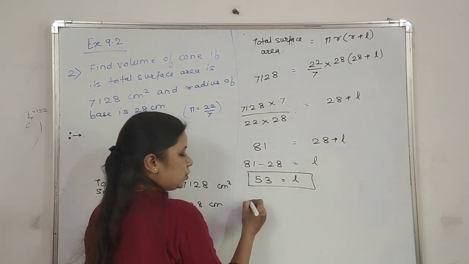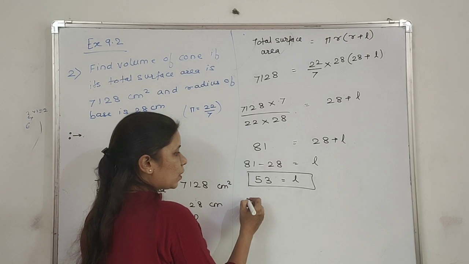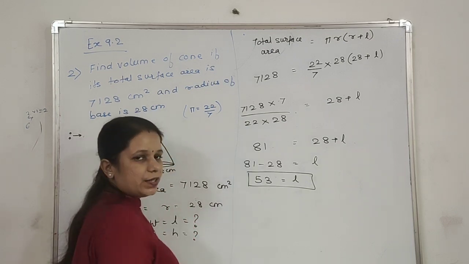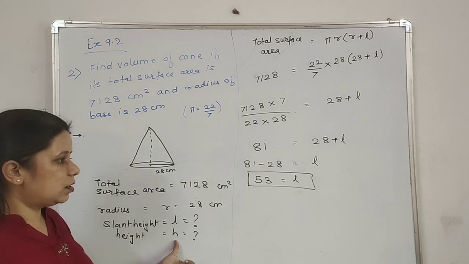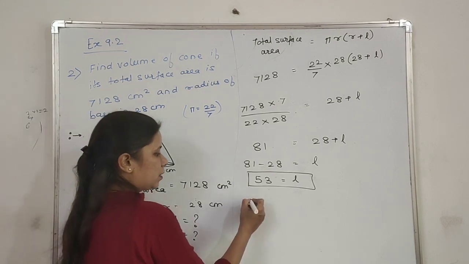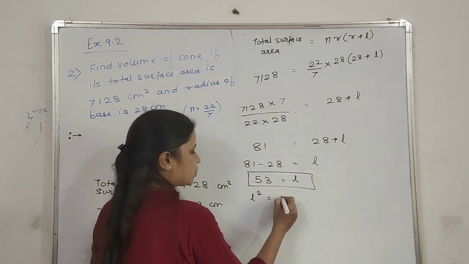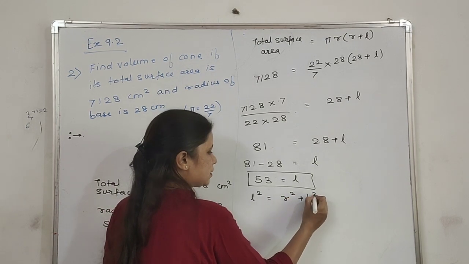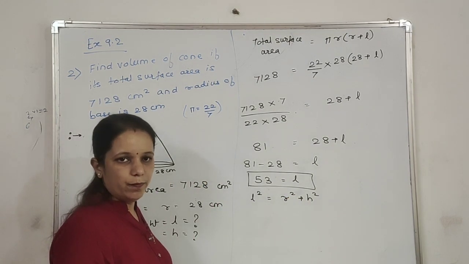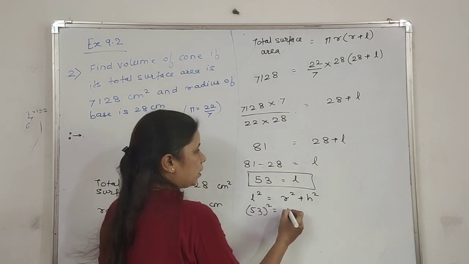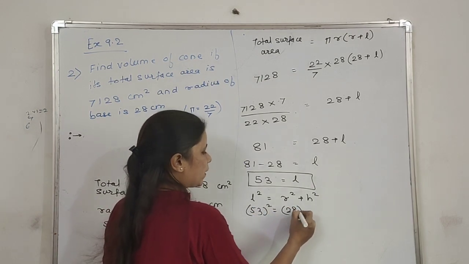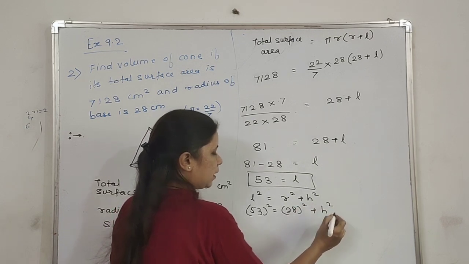Now using this formula of slant height, we need to calculate H. So I'll just write the formula. L square is equal to R square plus H square. So slant height is 53, 53 square equal to 28 square plus H square.